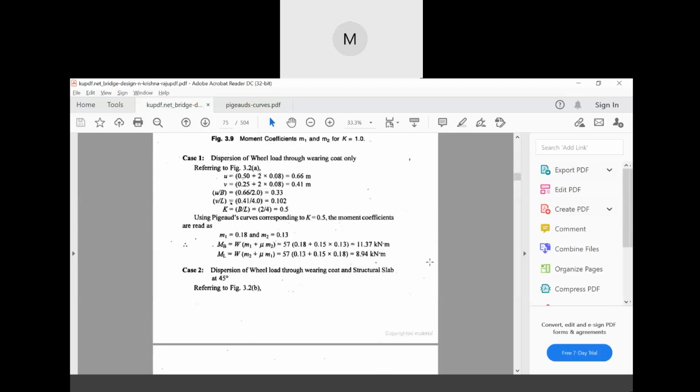So if you see that figure, the small u will be 0.5 plus 2 into 0.08.